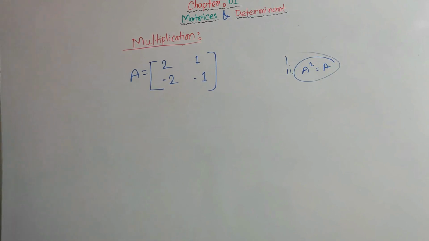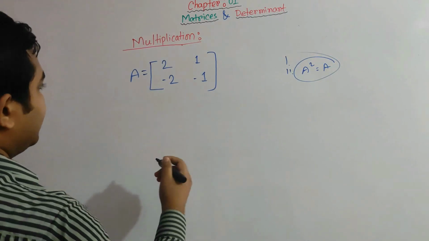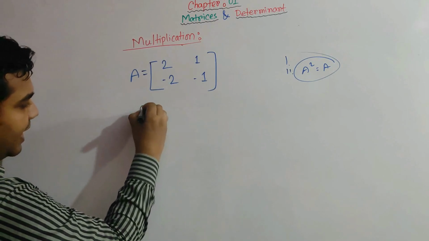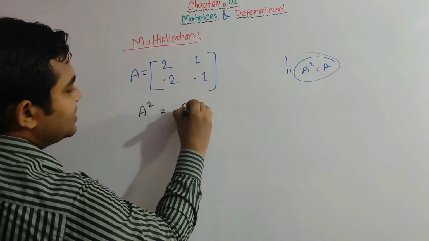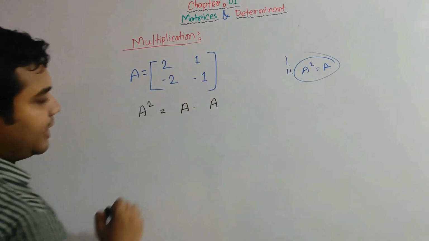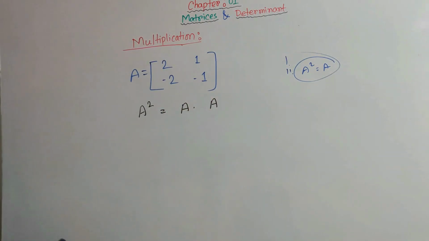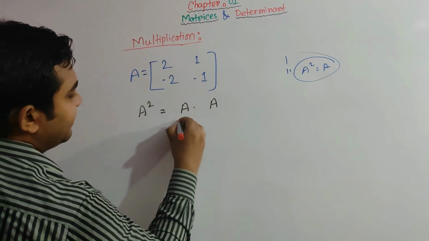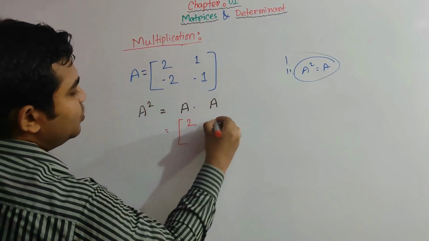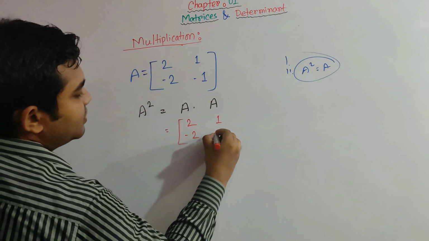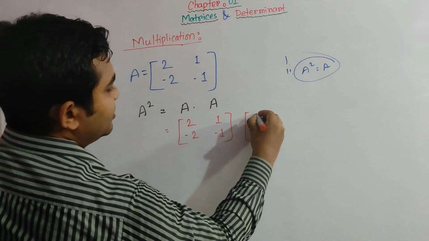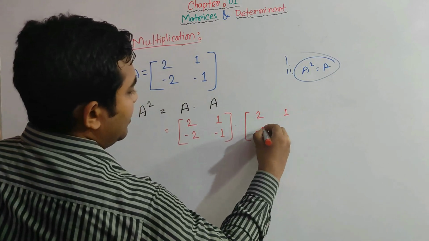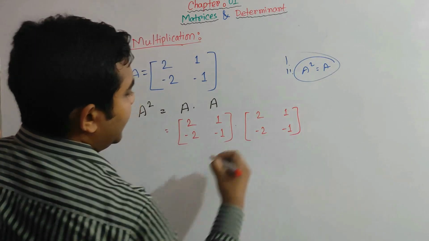Okay, now move on to our lecture. Here we have to find A square. What is A square? A square means A into A. Now what is A? A is 2 1 minus 2 minus 1, and A is also the same, 2 1 minus 2 minus 1.